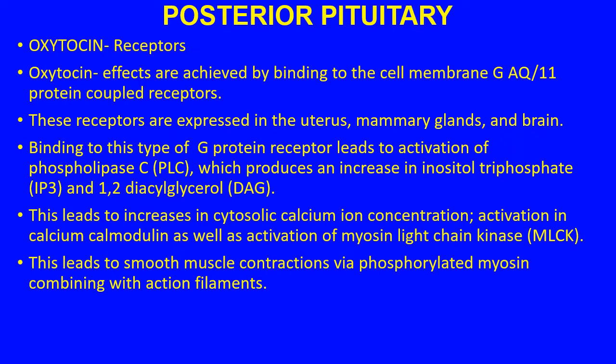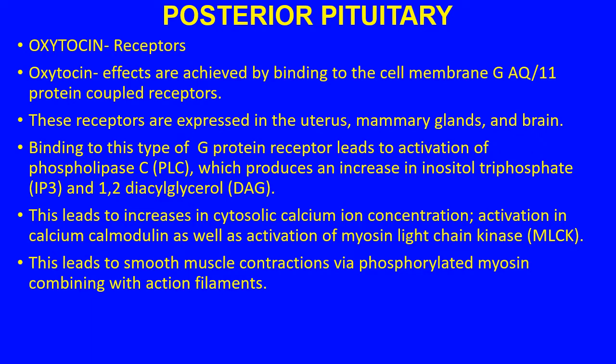This is going to lead to an increase in cytosolic calcium ion concentrations, and it's going to cascade here. This leads to activation of calcium-calmodulin, as well as activation of the myosin light chain kinase, MLCK.